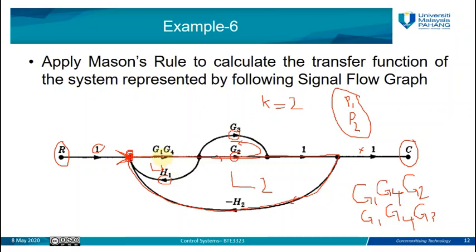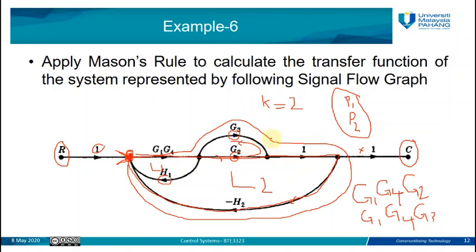For the first loop here, L1, the gain is G1, G4, H1. For the second loop, L2, the gain is G1, G4, G2, and negative H2. Do we have another loop? Yes, we have a third loop here, which goes through this point, through G3, and returns back to this point.